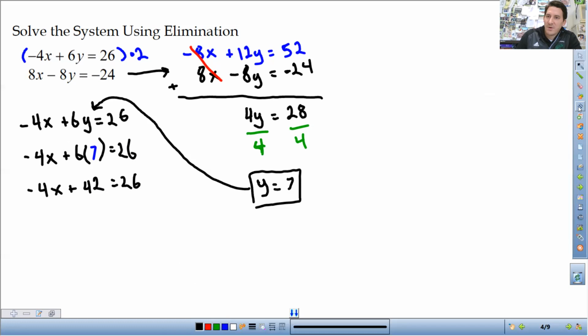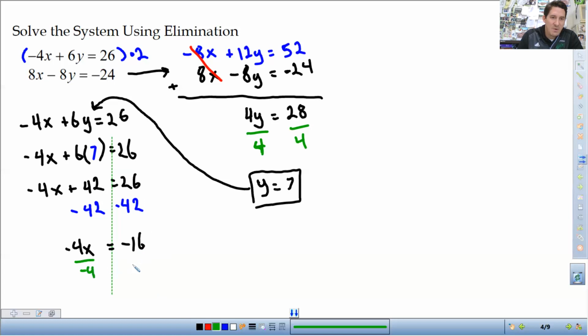And actually, before I go any further, let me put in my line of separation here. Finish solving from here. I'm going to subtract 42 from both sides. So I get -4x is equal to 26 minus 42 is -16.